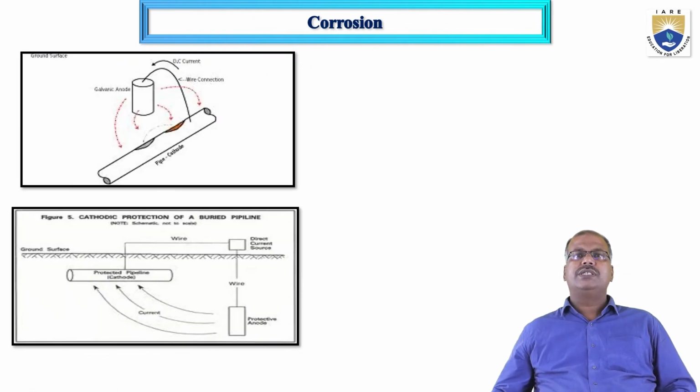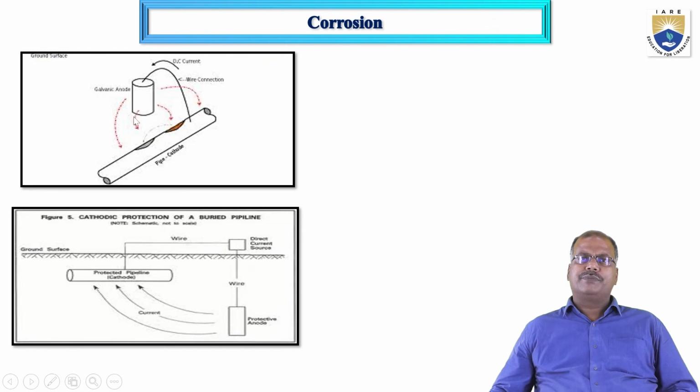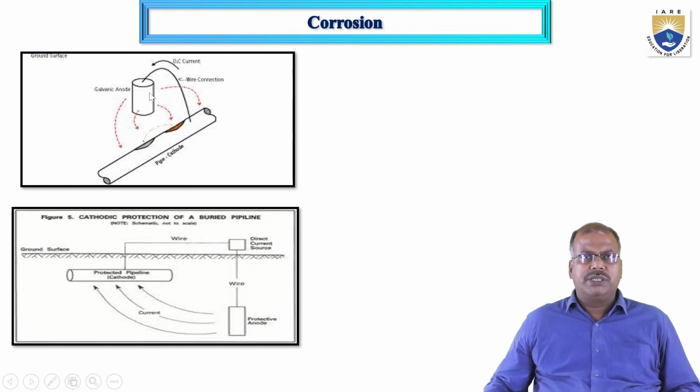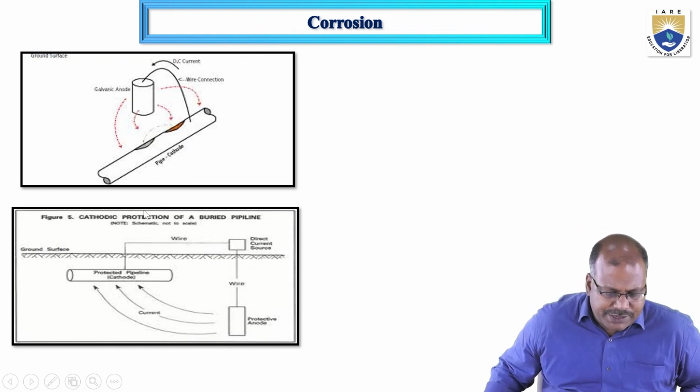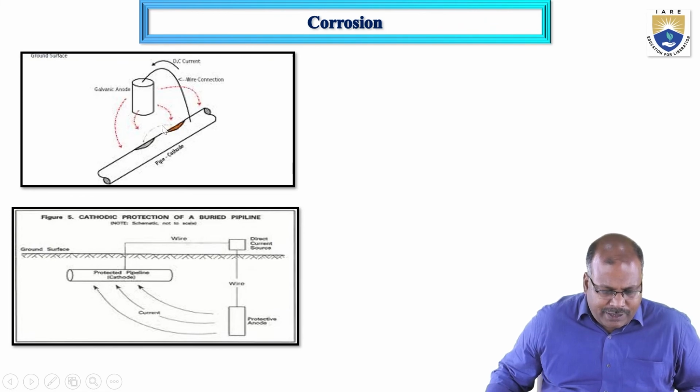So this is the diagrammatic representation of impressed current. There is a pipe, and then you have an anode here. So this is the pipe, the cathode. This is the galvanic anode. So now the corrosion current comes from anode to cathode, whereas you supply a DC current in opposite direction.